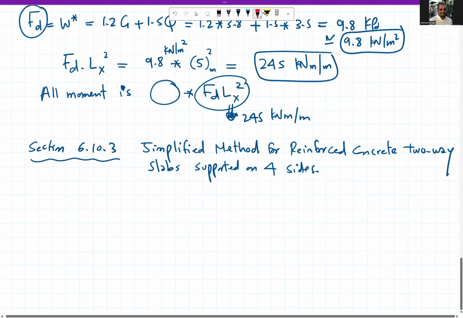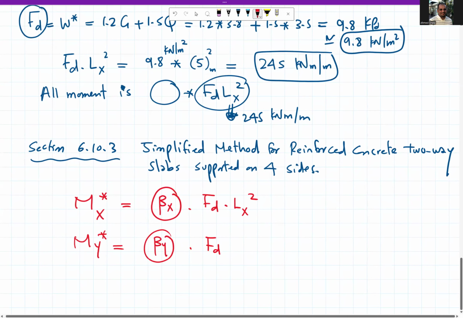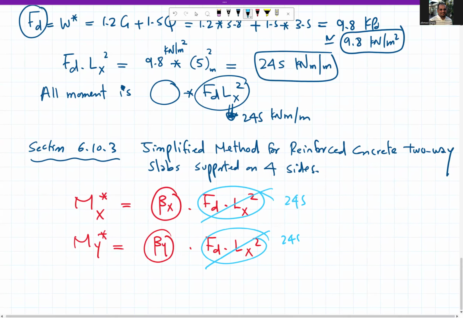The moments, as you know, are Mx* equal to beta x times FD times Lx squared, and My* equal to beta y times FD Lx squared. So this value is already known: 245 kilonewton meter per meter.